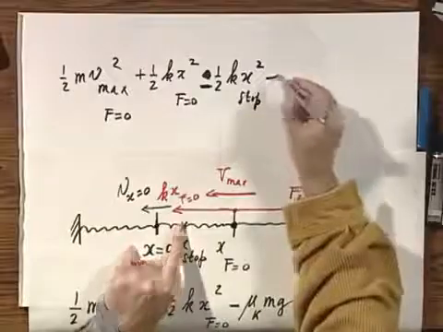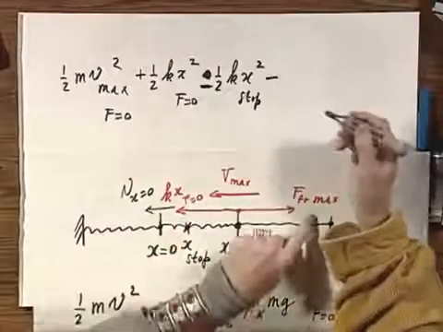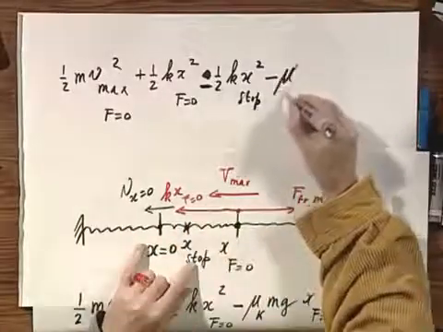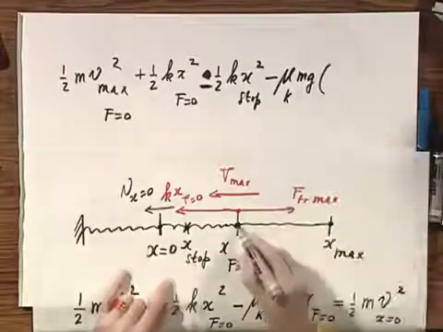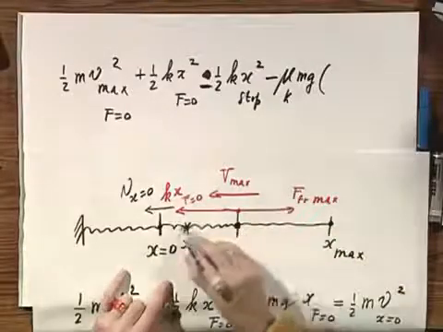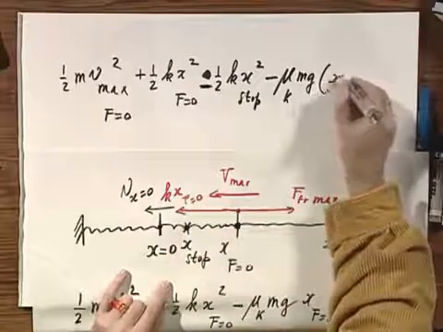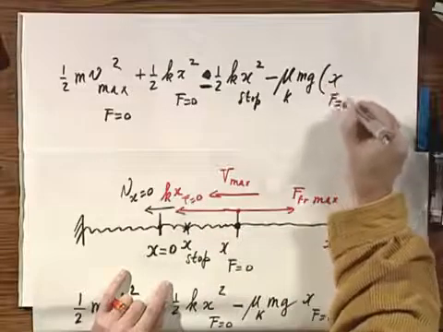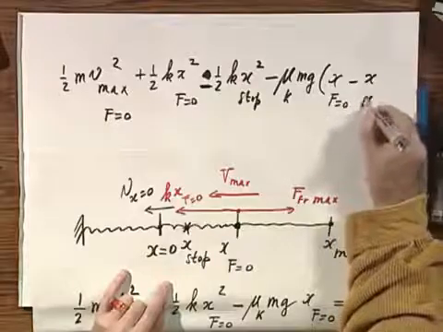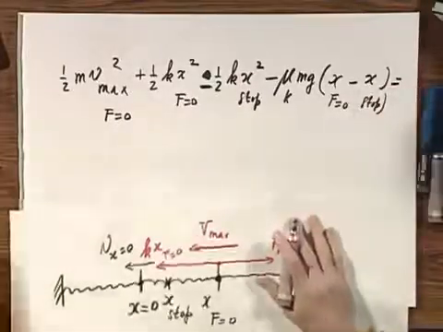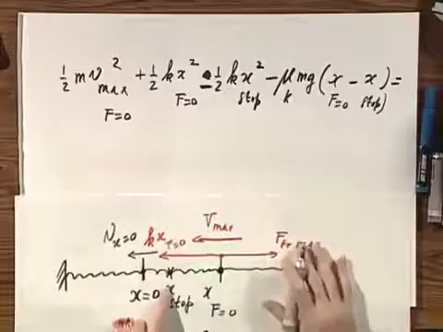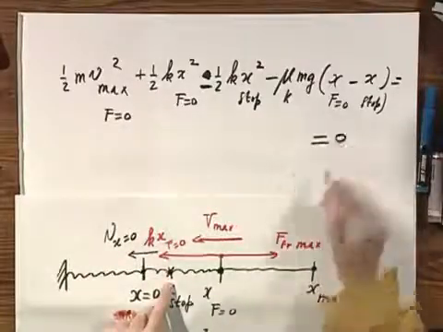Now I have to also subtract the work done by this frictional force. So that is mu k times mg. And now it travels over this distance. So the distance is x at f equals 0 minus x stop. And this now is exactly the potential energy at the moment that it stops, and that is 0.